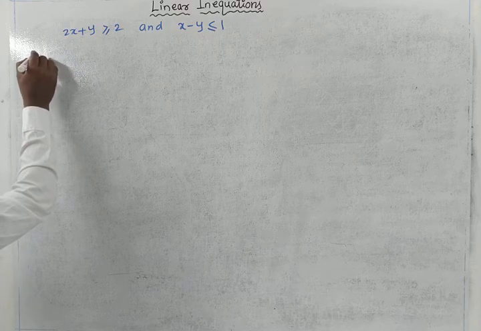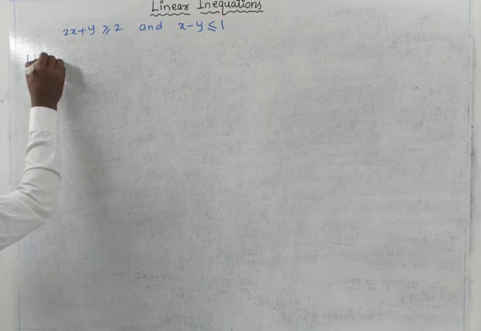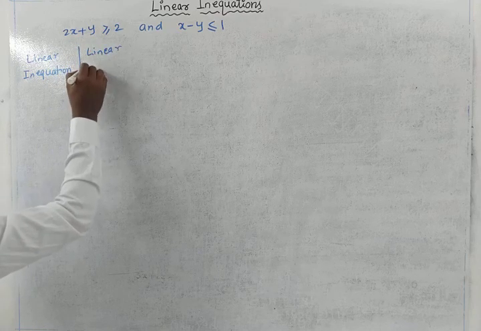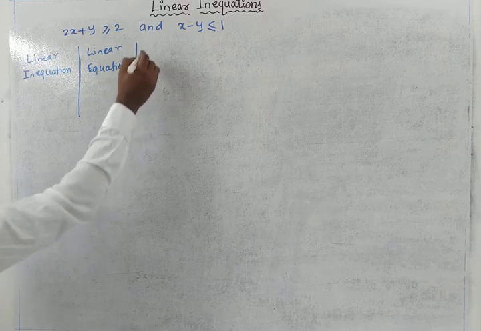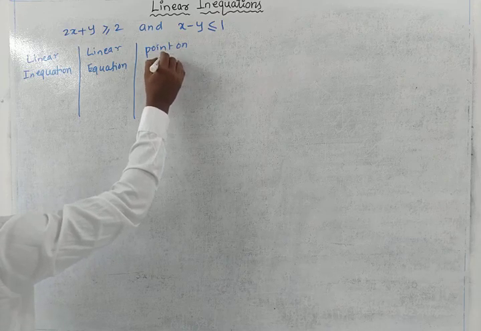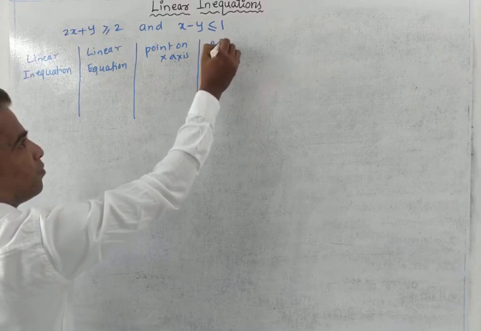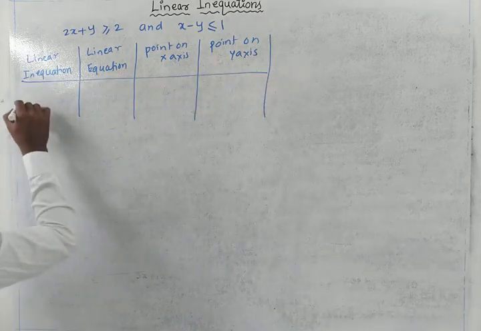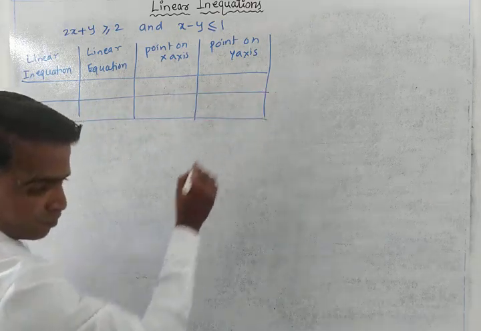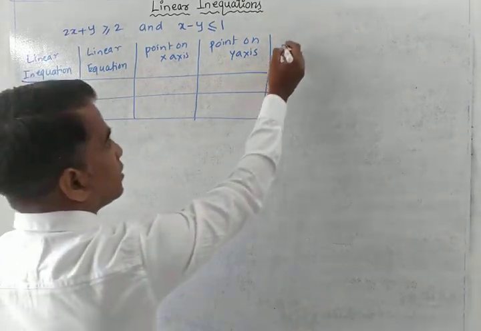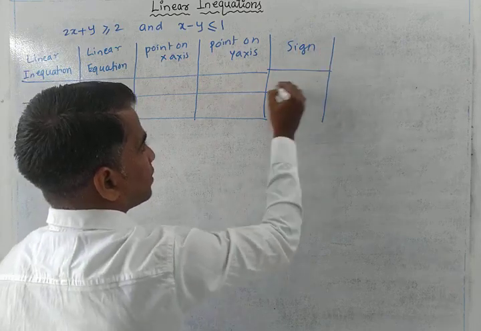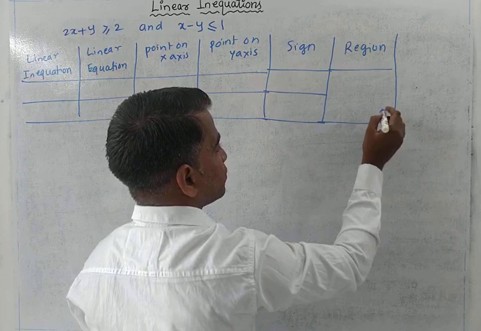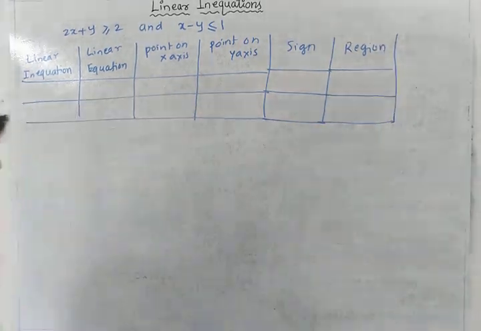In that table we have the columns: linear inequation, then linear equation, then point on the x-axis, then point on the y-axis. Then we check with the sign and region, that is, in which region we will get the set of points that satisfy the given inequation. That region we have to be clear about.